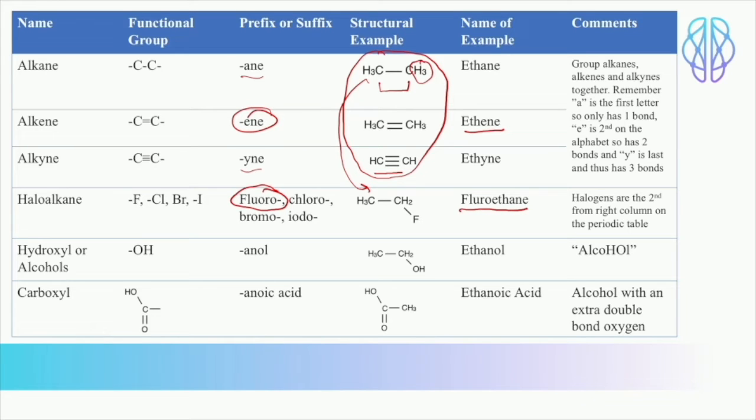If that fluorine group was a bromine, we would call it bromoethane. If it was a chlorine, we'd call it chloroethane, and so on and so forth. For example, if it was an alkane and it had 5 carbons, we would call it fluoropentane. Seems easy enough.